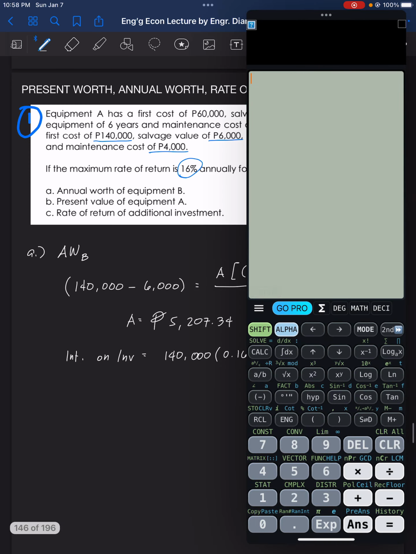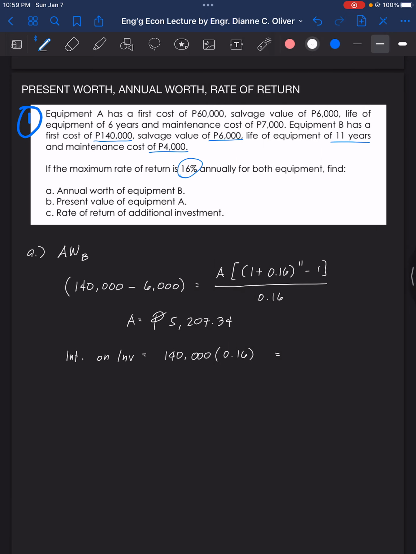So that is equal to 140 times 0.16, so 22,400. Then we have the maintenance cost of 4,000 pesos.